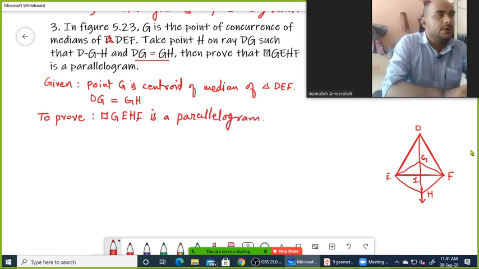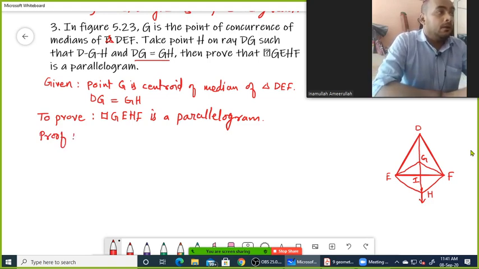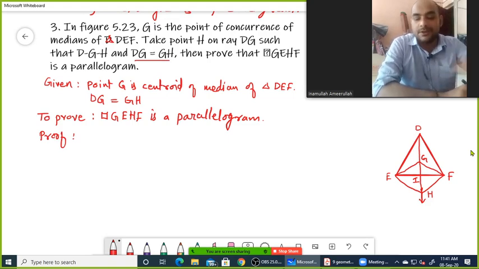So this we need to prove. Now we will write our proof. Take point H on ray DG such that D, G, H are collinear and DG is the same as GH.